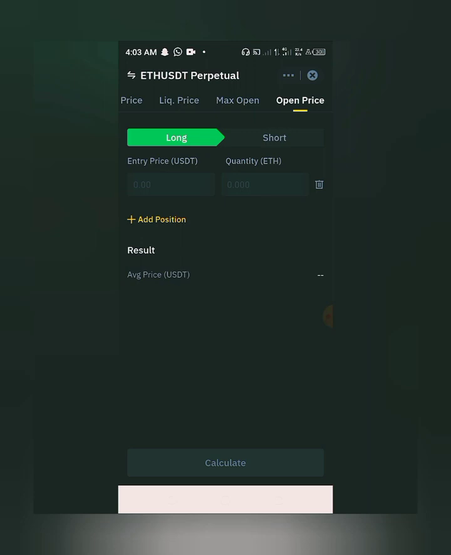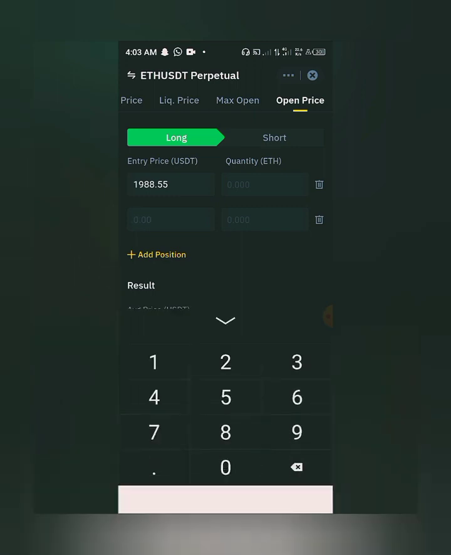So let's start with buying. Just input the prices here. I'm going to input different prices. Let me say the first one I'm choosing is 1988.88. Then the next one is for you to add another price. Let me assume I entered another position at 1888.23.